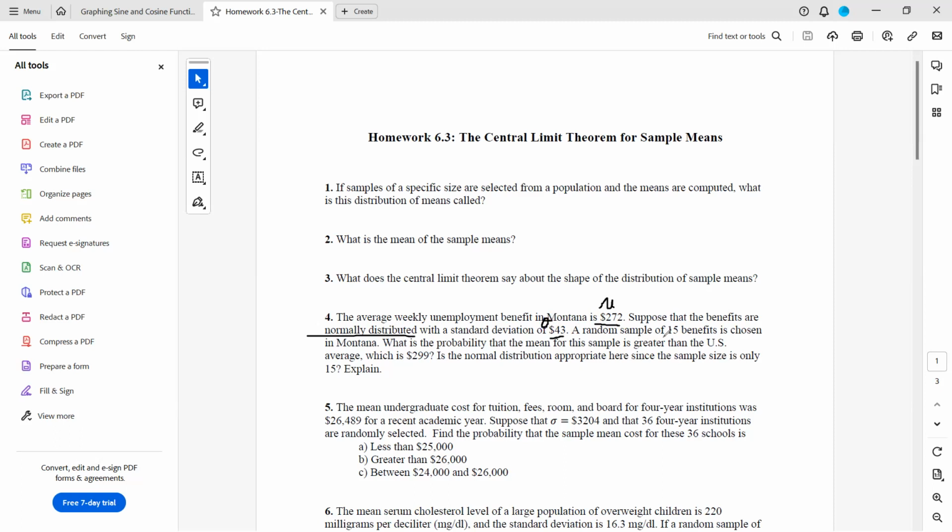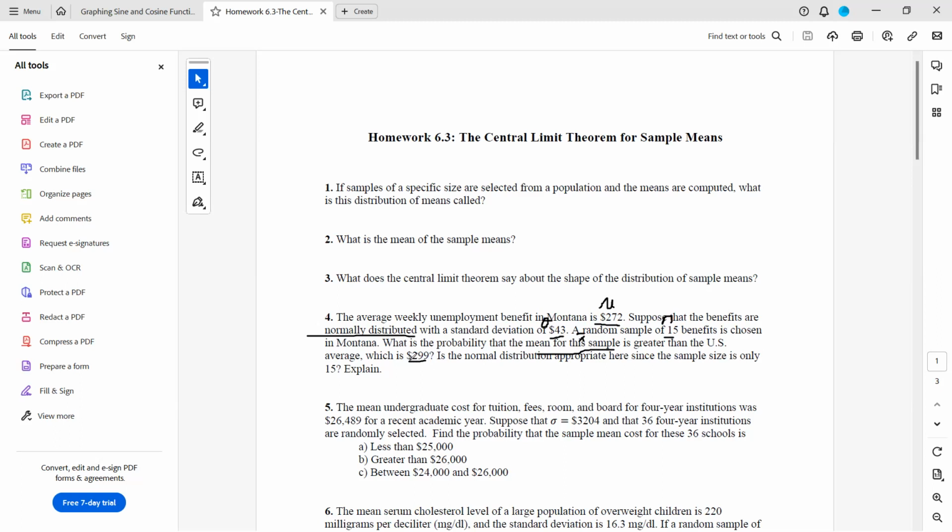A random sample of 15, that's my N, is chosen in Montana. What is the probability that the mean for this sample, that's my X bar, is greater than the US average, which is 299?